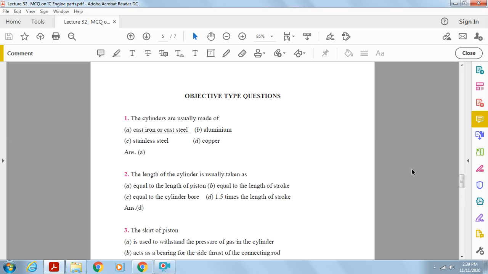Question number 2: the length of the cylinder is usually taken as equal to the length of the piston, equal to the length of the stroke, equal to the cylinder bore, or 1.5 times the length of the stroke.